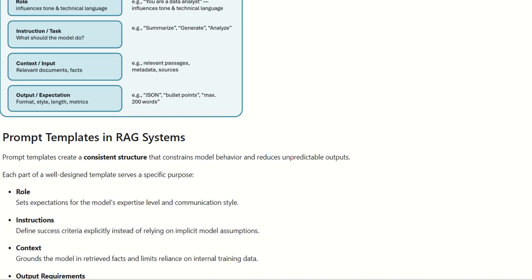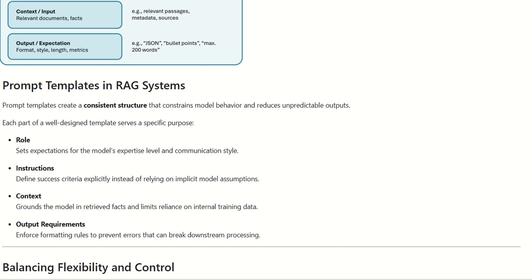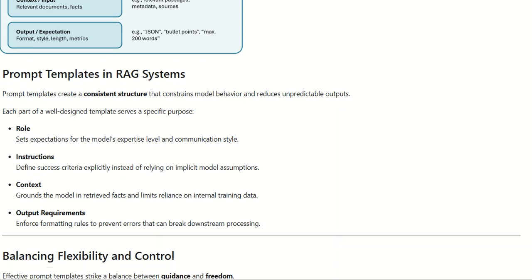So for prompt templates in RAG systems, as we discussed, a prompt template creates a consistent structure that constrains model behavior and reduces unpredictable outputs. Each part of a well designed template serves a specific purpose. As I mentioned, a role sets expectations for the model, expertise level, and communication style.